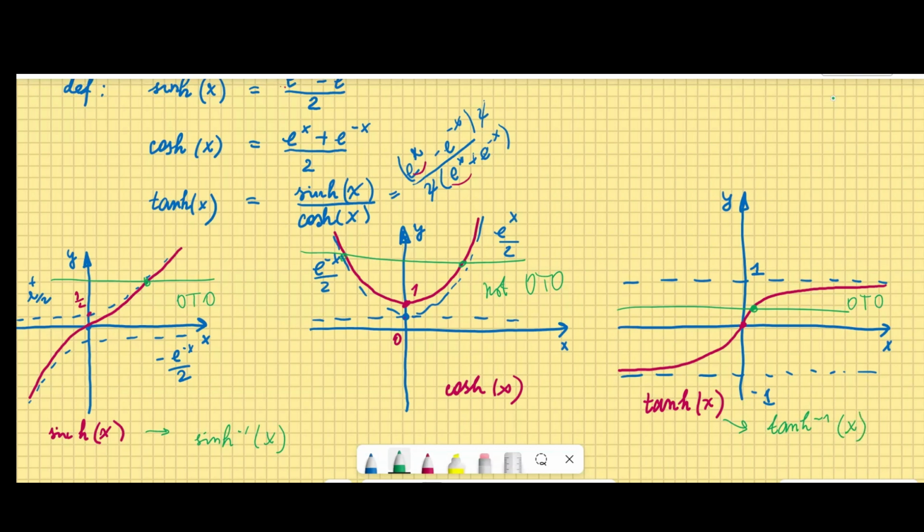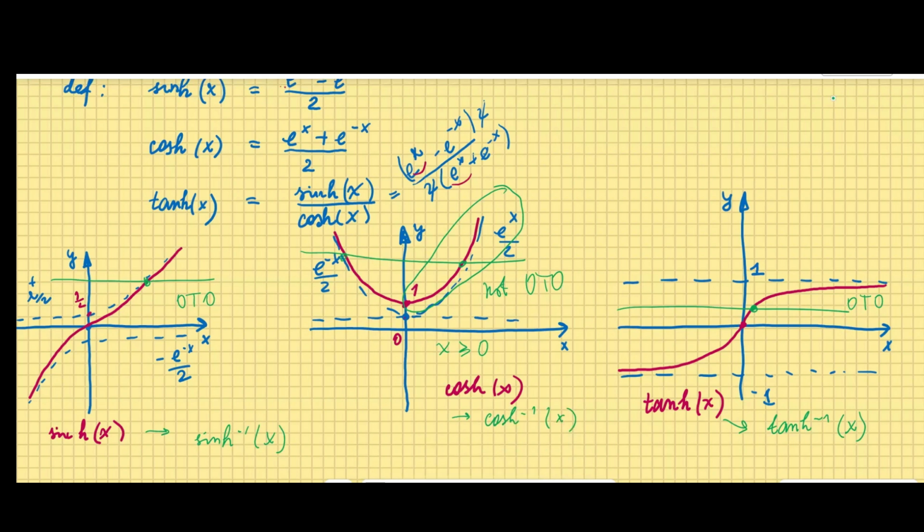What to do with cosine? Well, remember when your function does not have an inverse because it's not 1-to-1, we can find a part of the function which is 1-to-1 and has an inverse. In our case, guys, we can consider this branch, the branch with x greater than or equal to 0, and this branch is going to have an inverse, and the inverse in our case is going to be cosine hyperbolic inverse of x.